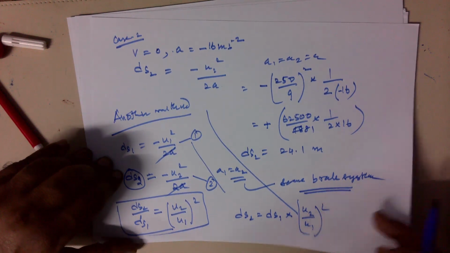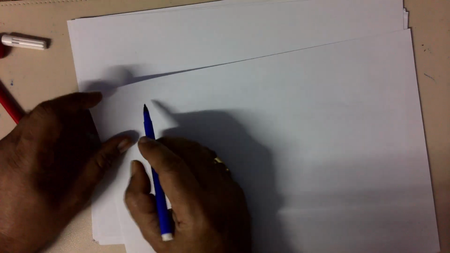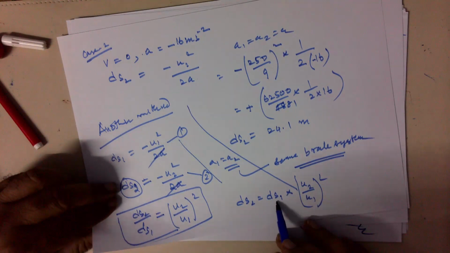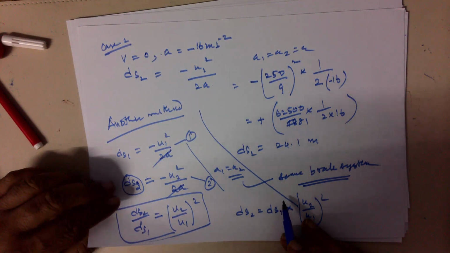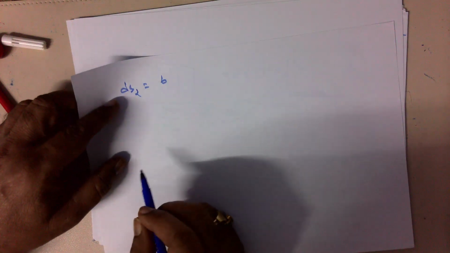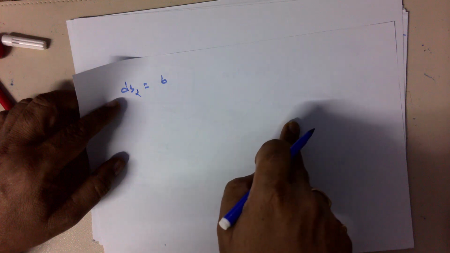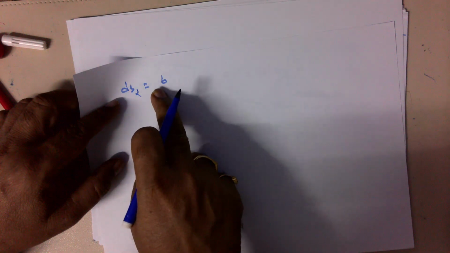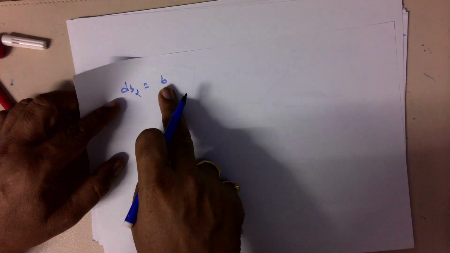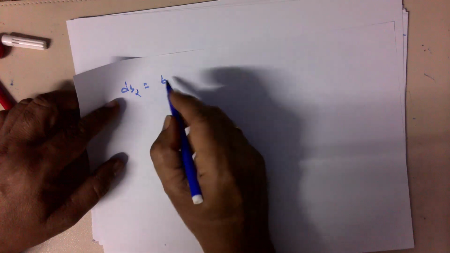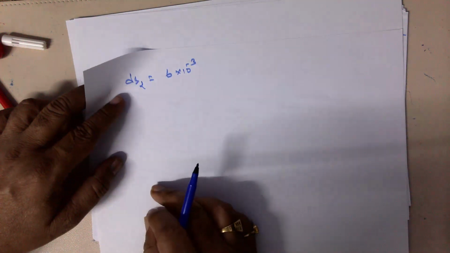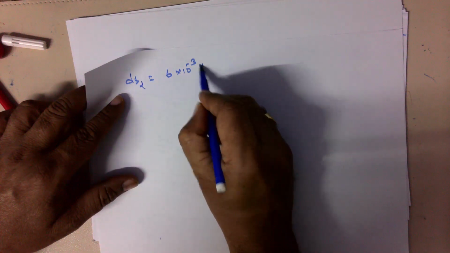So in that case, what is ds1? ds1 is 6 meter. But the speed is given in kilometer. I'll do one thing: we can convert this into kilometer easily. So 6 meter is 6 into 10 power minus 3 kilometers.